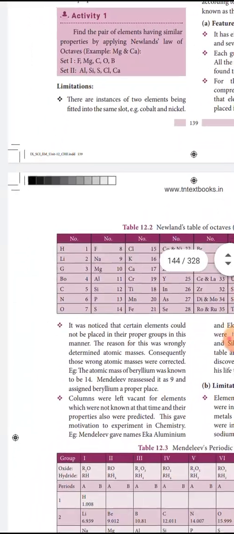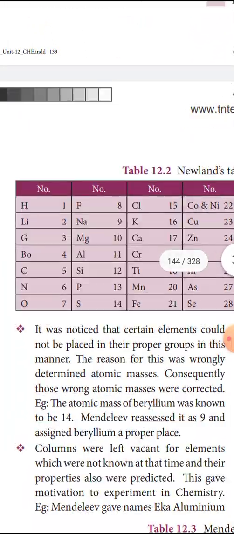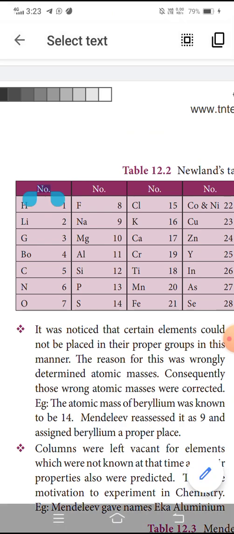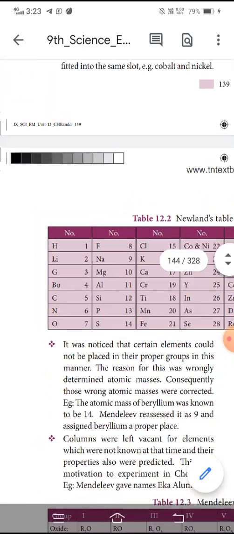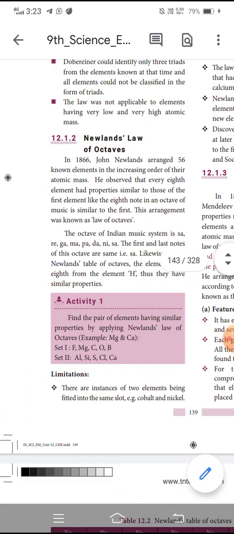What he is saying is that the first element's property is equal to the eighth element's property. The octave of the Indian music system is sa, re, ga, ma, pa, da, ni, sa.